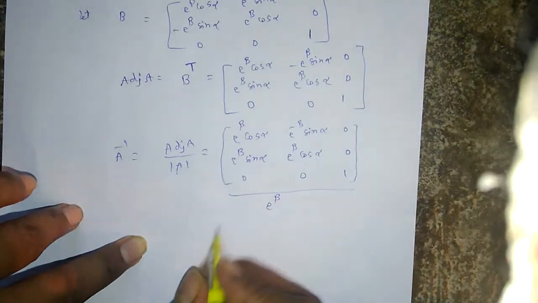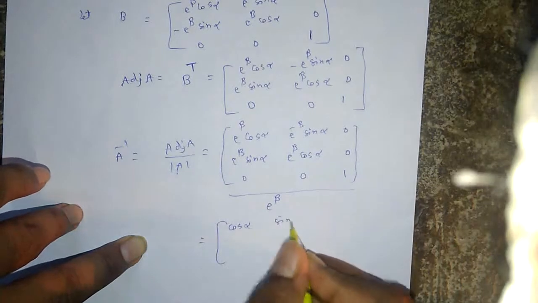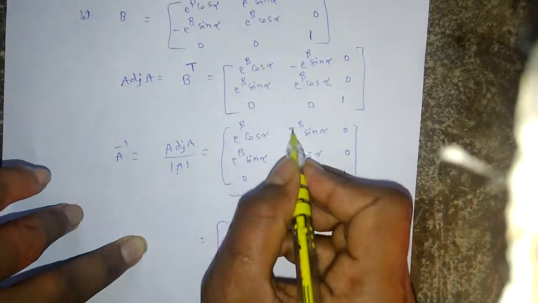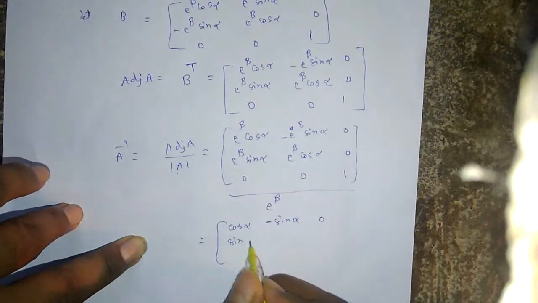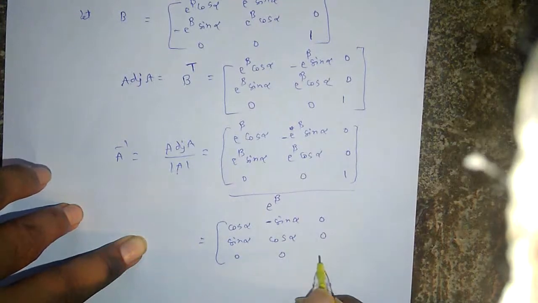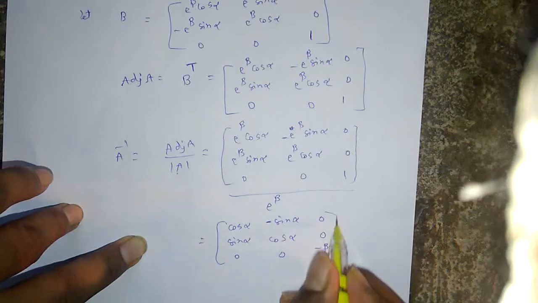If you divide by e power beta, you will get cos alpha, minus sin alpha, 0; sin alpha, cos alpha, 0; 0, 0, and here 1 by e power beta is e power minus beta.